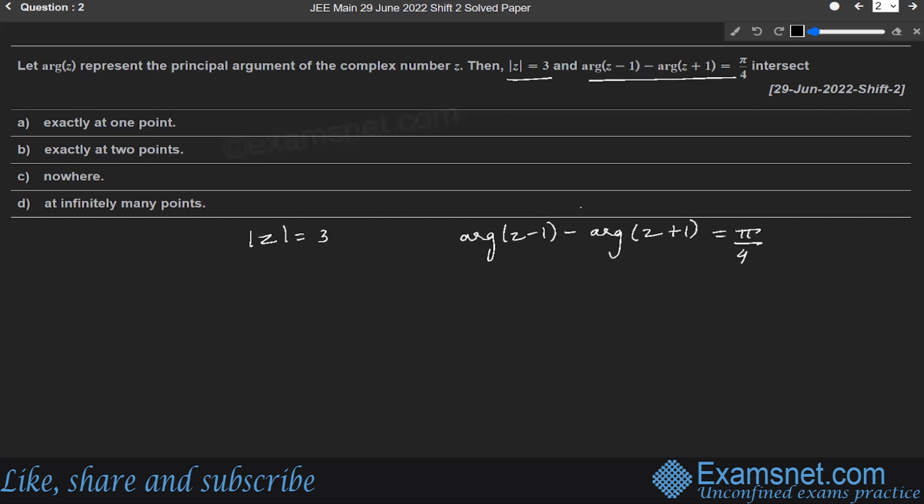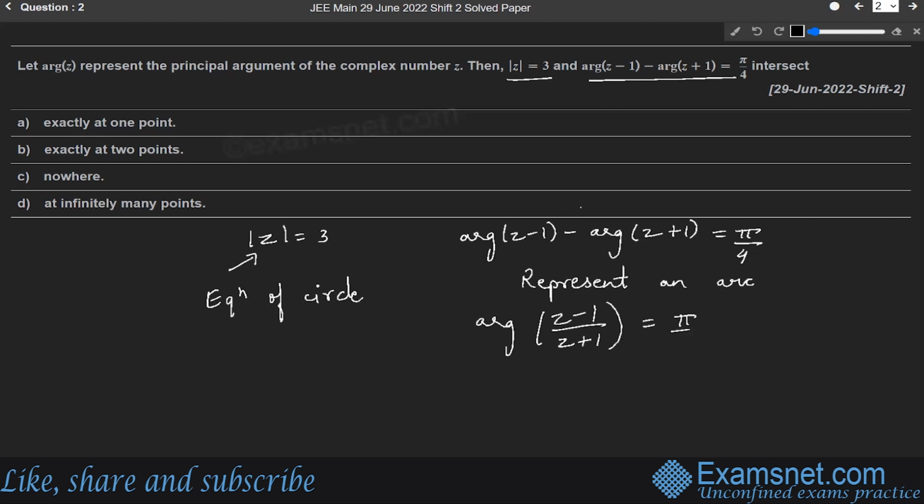If we look carefully, the first expression represents an equation of circle, right? And the second expression basically represents an arc. The second equation can also be written as argument of z minus 1 upon z plus 1 is equal to pi by 4, because argument of z minus 1 upon z plus 1 will be equal to argument of z minus 1 minus argument of z plus 1.